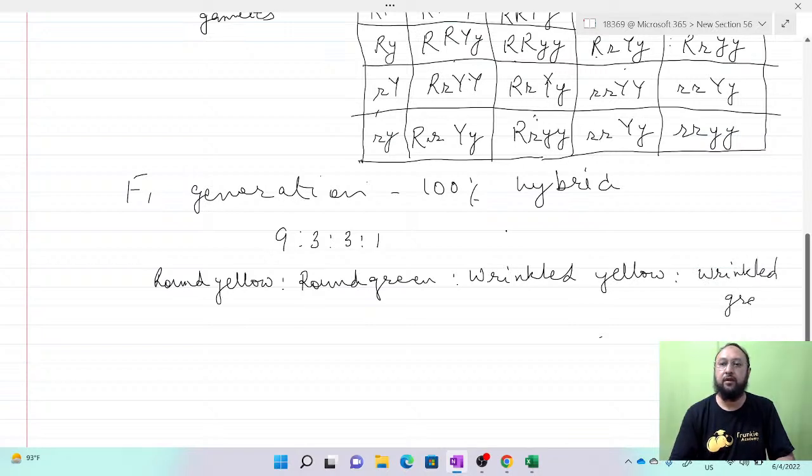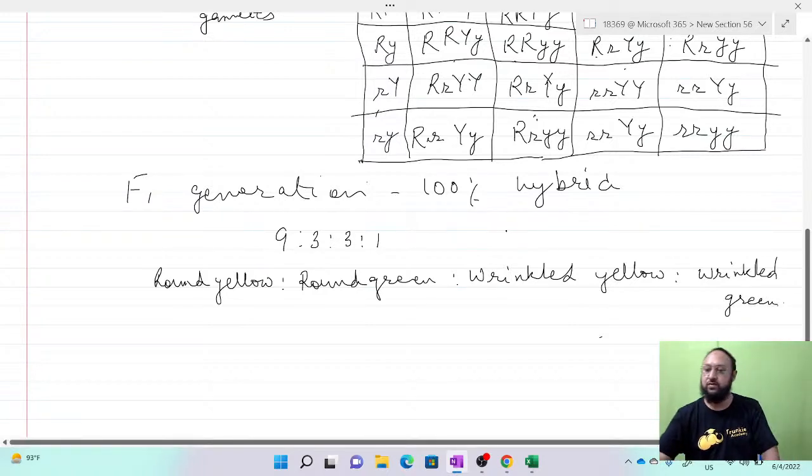Okay, so this was the 9:3:3:1 ratio. In the F2 generation he found a 9:3:3:1 ratio.